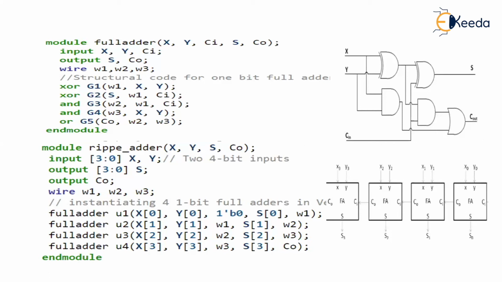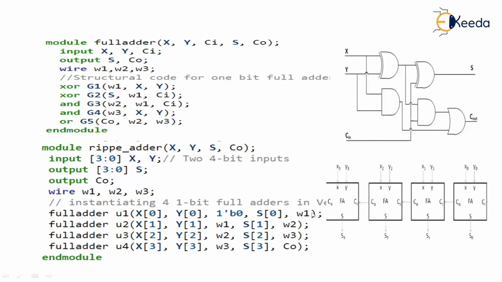So U1, what are the inputs? X of 0, Y of 0. In the full adder you have mentioned X comma Y comma carry in, S comma C out. In the same way you have to mention X0, Y0, and initially your input carry will be 0, and the first bit is S0, and the carry going out of the full adder is W1.